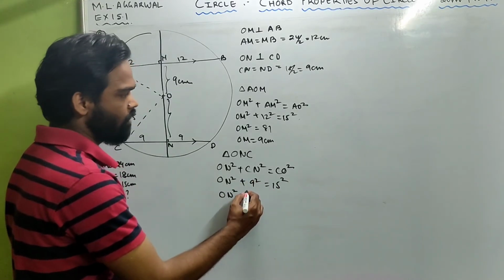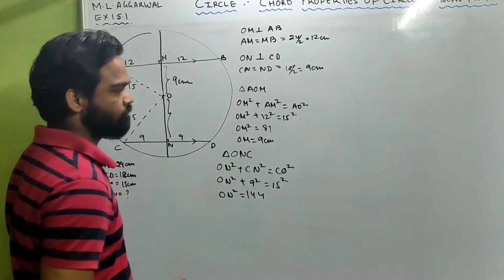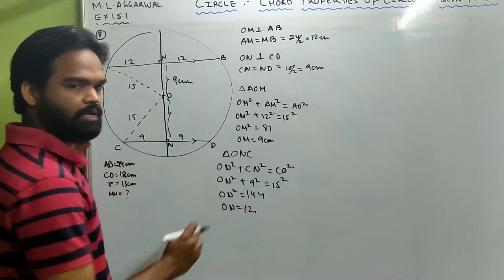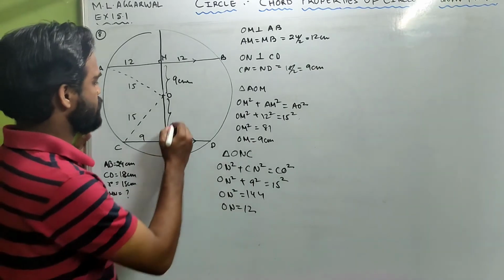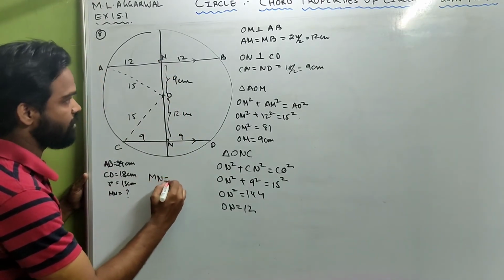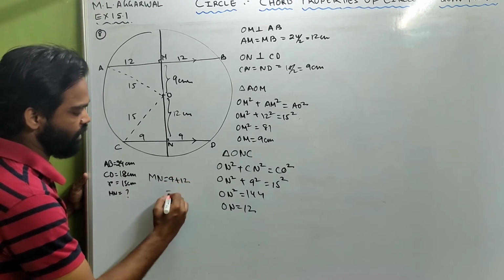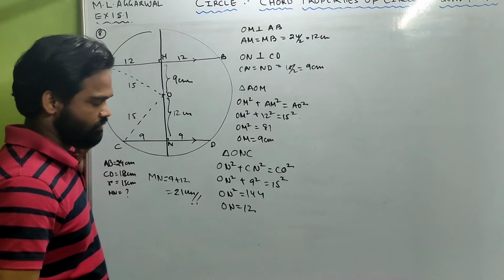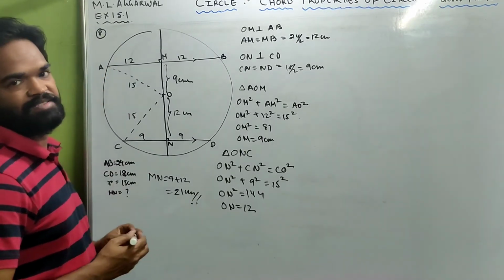That's 144. Yeah. That's ON will be 12. Okay. Root of 144 is 12. So that's 12 centimeter. So MN, if you look carefully, is nothing but 9 plus 12. That's 21 centimeter. Clear?